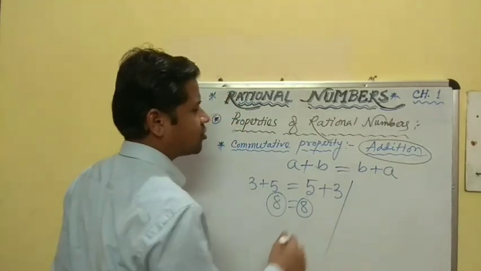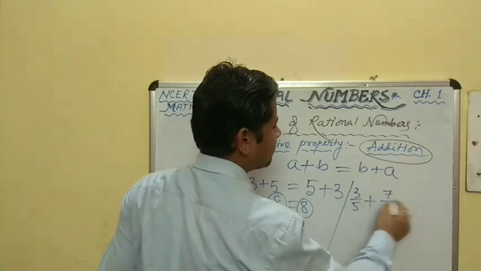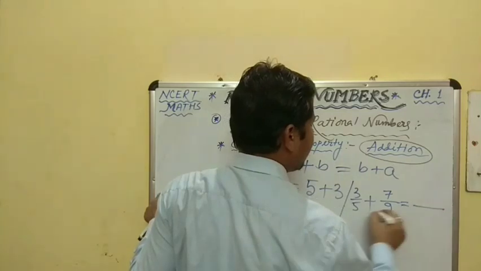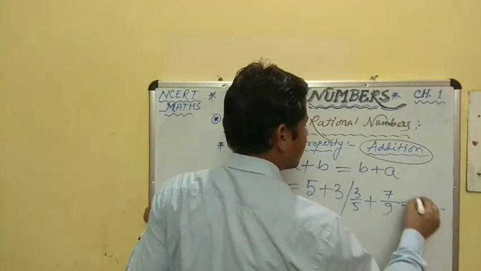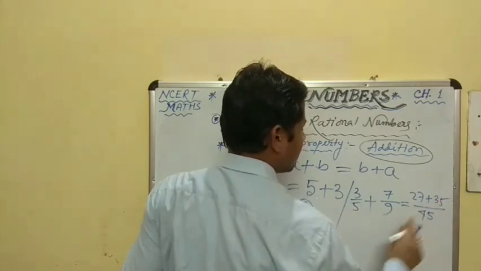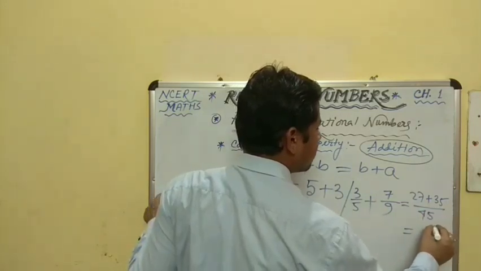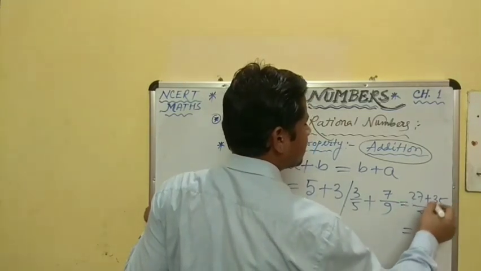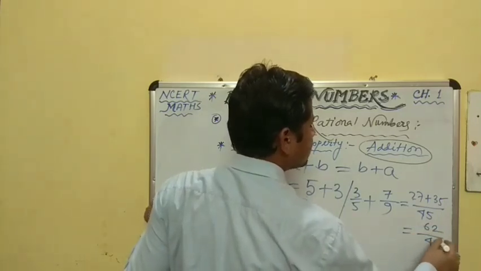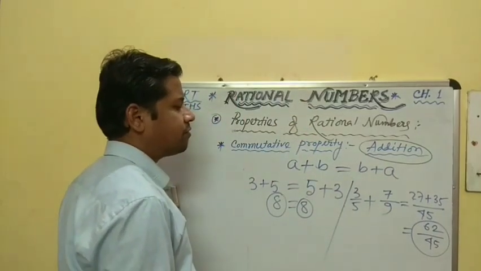If you want to take it in fractional form, 3 by 5 plus 7 by 9 is equal to, taking 45 as the common denominator, 27 plus 35 upon 45, so 62 upon 45.